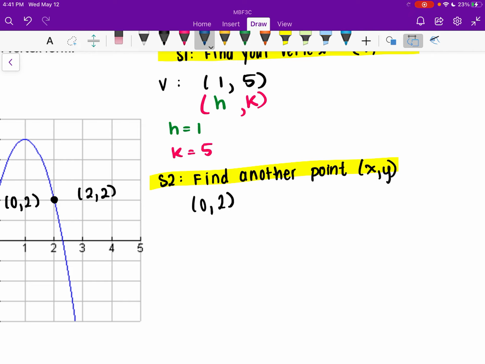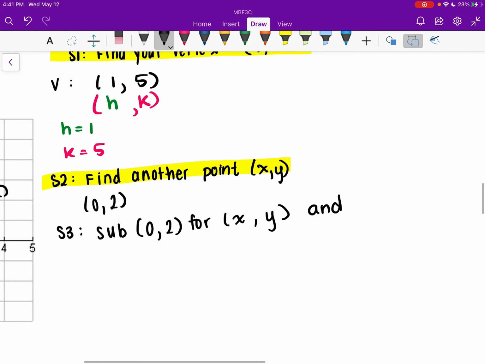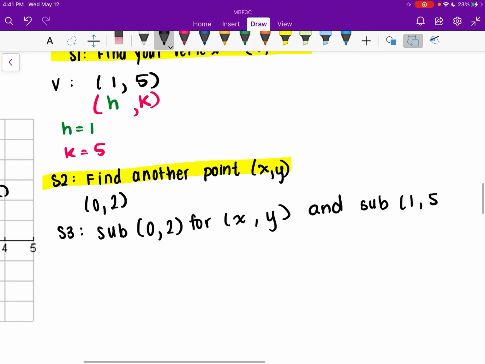So step 3 is going to be sub 0, 2 for x and y, and sub 1, 5 for h and k.